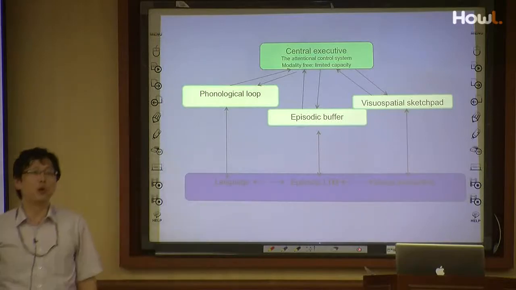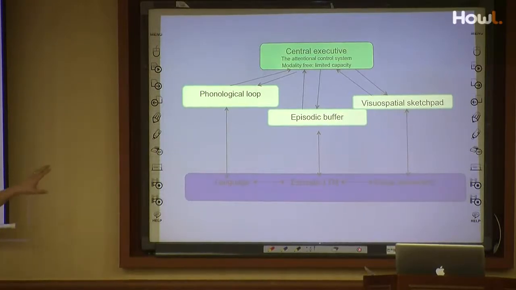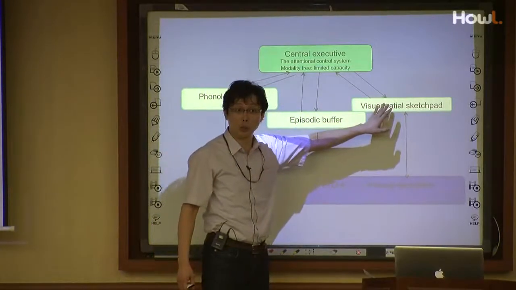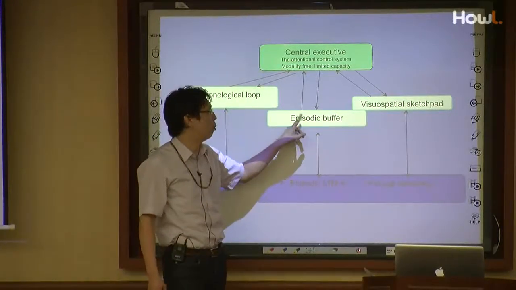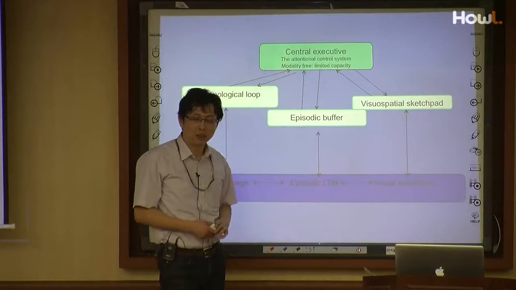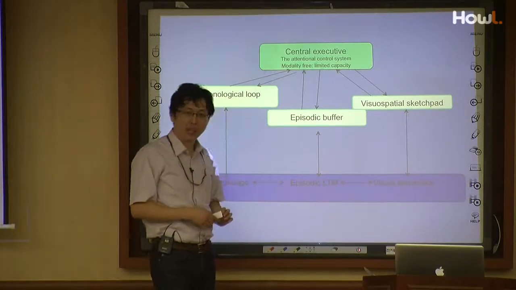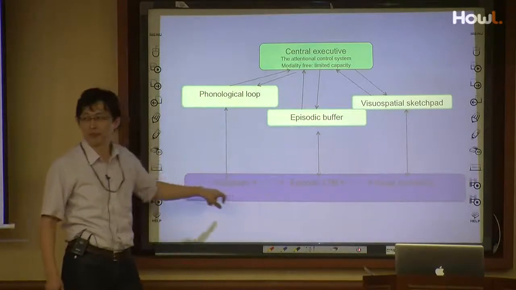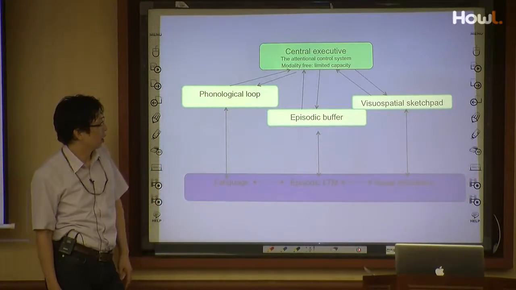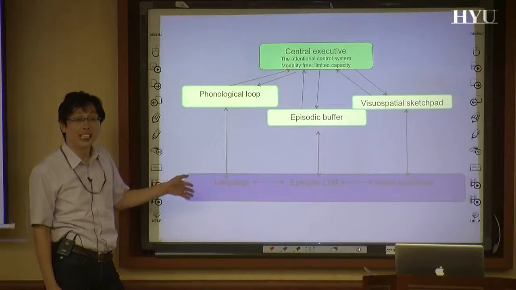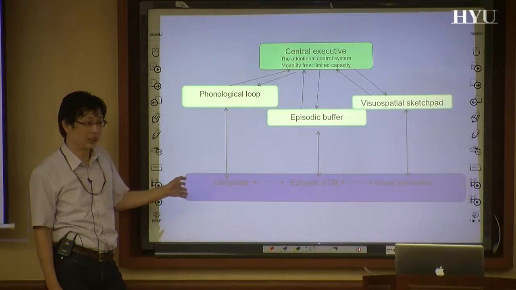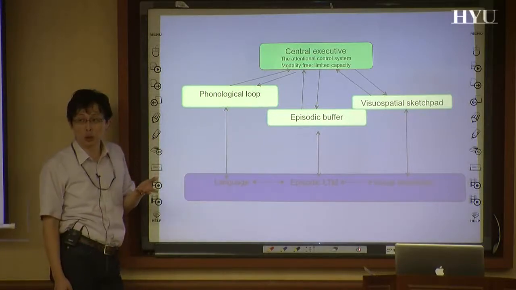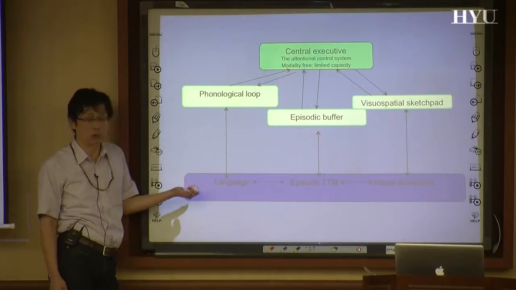In 2004, what Baddeley proposed is, this one is the same thing, this one is the same thing as in his original model, and he ended up with the episodic buffer, like event memory. And this one is linked to long-term memory. That is the latest model by Baddeley. So in his original one, he doesn't include long-term memory, but now he includes long-term memory too.